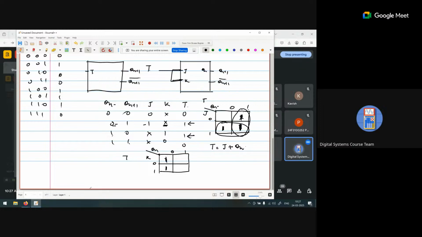And the last one when K is 1 and Qn is 1. That's it. Now create a group. So this is one group, this is another group. The equation is K plus Qn bar. Okay, K plus Qn bar.